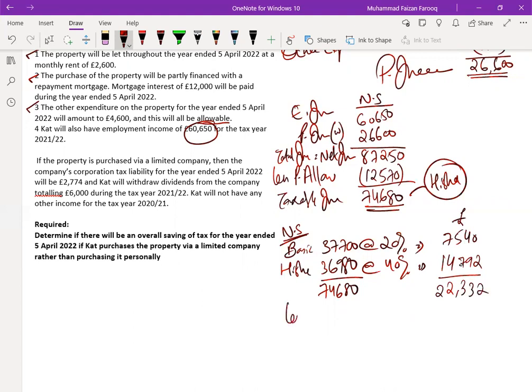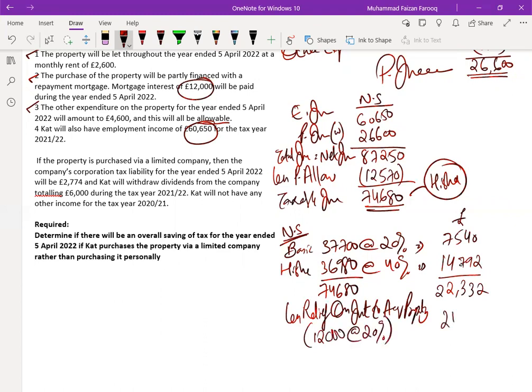But we know that relief on interest to acquire property will come here. The interest payment is 12,000 and the relief percentage is fixed, which is 20%. Remember?